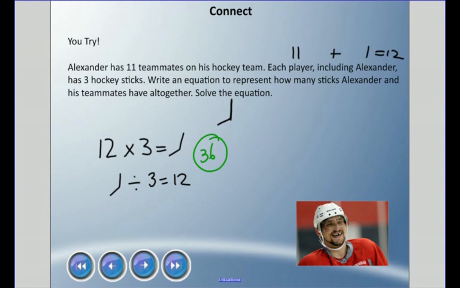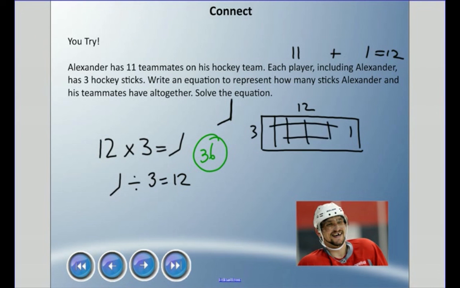I don't have grid paper here, but if you did have grid paper, you could go across 12 columns and then go down 3 rows, and whatever boxes are in here, you could count up all the boxes, and you will discover that there are 36. So that might have been the easier method to do it. If you were to use counters, you don't know how many you have altogether.